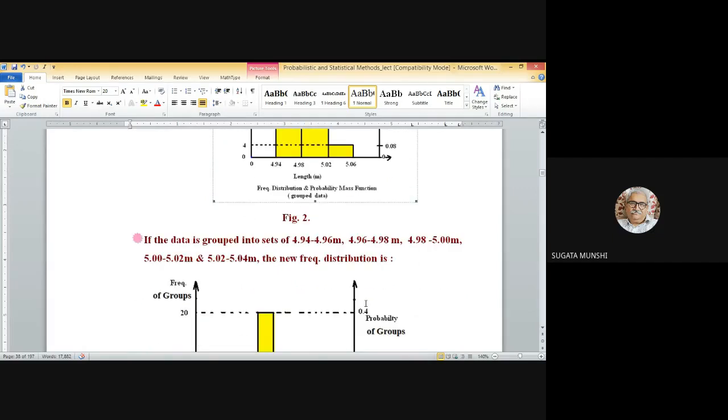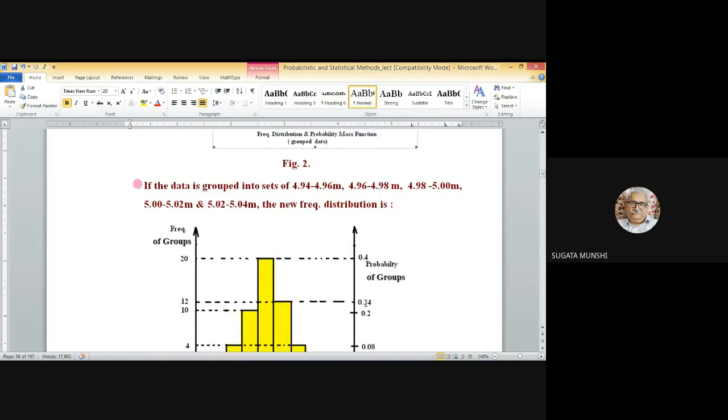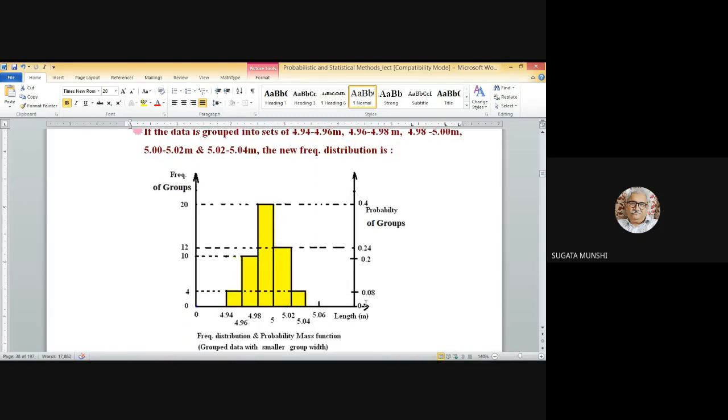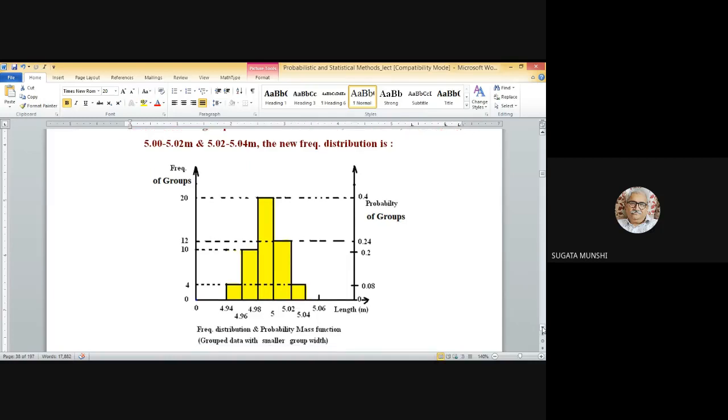We have drawn it, I think. Five groups here.